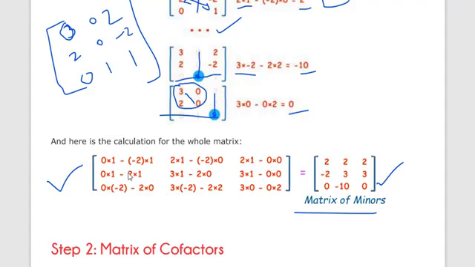So we have to find 9 determinants of 2 by 2 matrices. Don't make mistakes in calculation, plus or minus sign or multiplication. Otherwise your whole answer will be wrong. So this is our matrix of minors. The first step is completed.